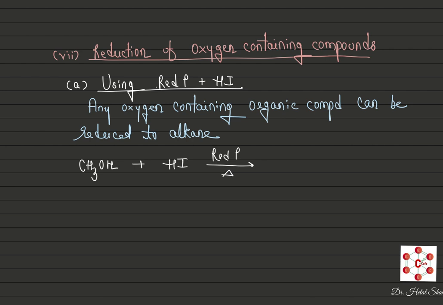And the alkane formed will have the same number of carbons as are present in the substrate. Whatever number of carbons are present in your reactant, the same number would be present in your product. Which means there is 1 carbon, so I would write methane. There is 1 oxygen, so I would write 1 H2O. Now count the hydrogens. You have already got 4 here. How many left? So put a 2 here, and all the iodines that you get come out as I2.